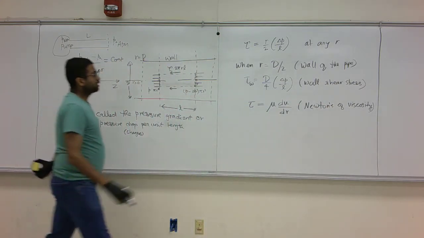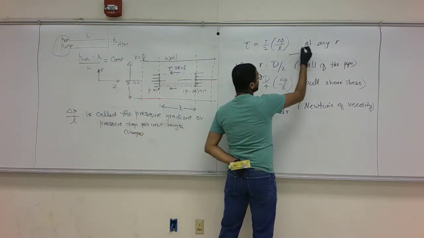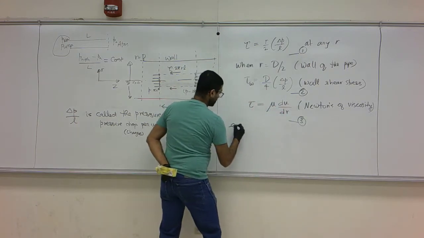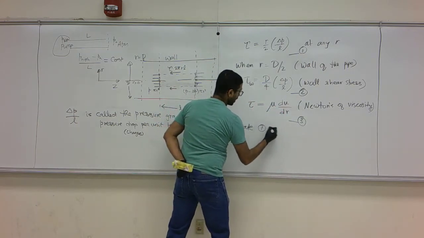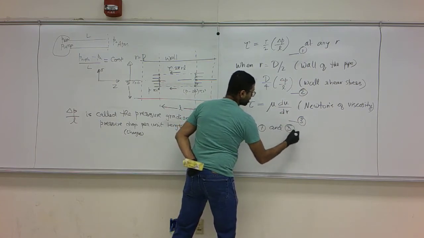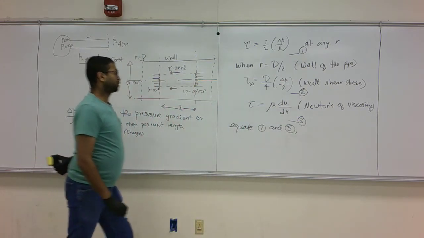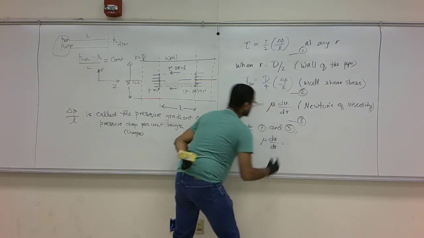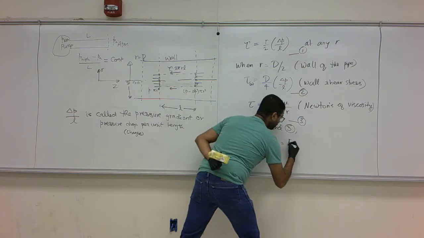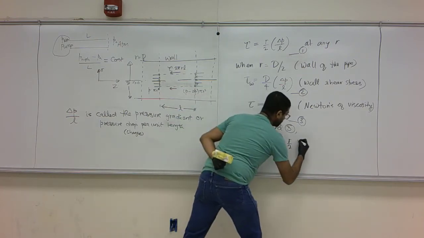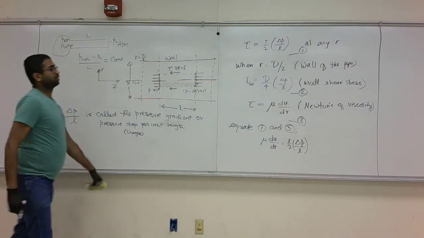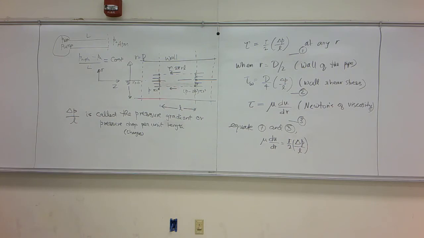So if we equate, I'll call this 1, I'll call this 2, I'll call this 3, equate 1 and 3, and what do you get if you do that? You get mu du dr equals r over 2 delta P over L.